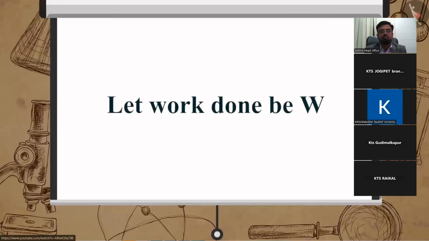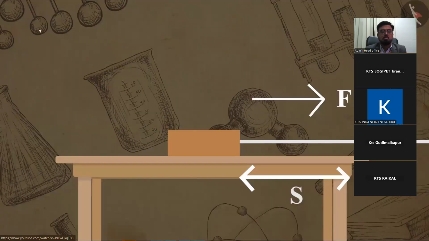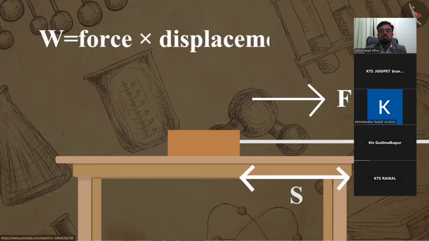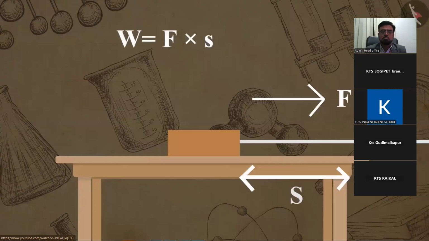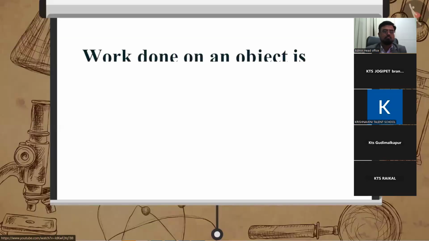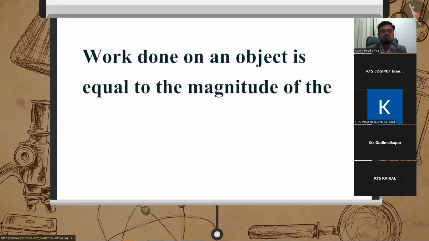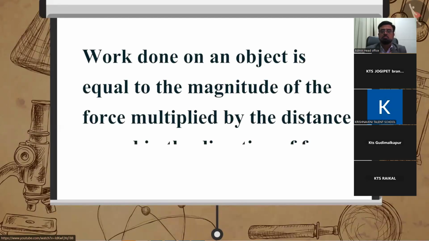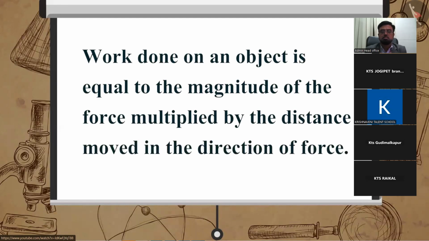Let the work done here be W. Here work done W is equal to force multiplied by displacement, which is equal to F multiplied by S. Therefore, work done on an object is equal to the magnitude of the force multiplied by the distance moved in the direction of force.